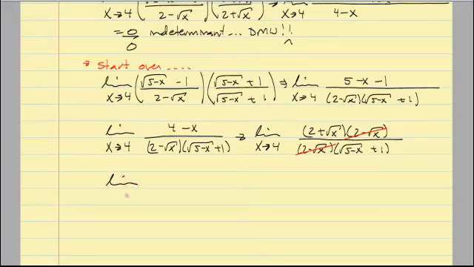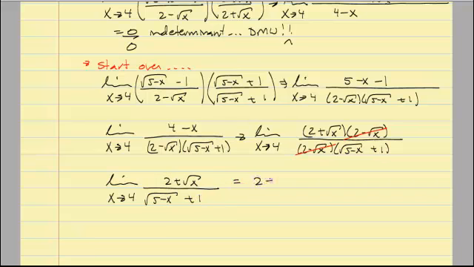And I'm left with the limit as x approaches 4 of 2 plus the square root of x over root 5 minus x plus 1. So plugging directly in, we get 2 plus the square root of 4 over root 5 minus 4 plus 1. So I have 2 plus 2 over 1 plus 1. 2 plus 2 is 4, 1 plus 1 is 2, and I have 4 halves, which is 2. So 2 is my limit.